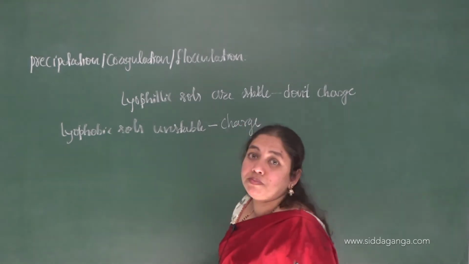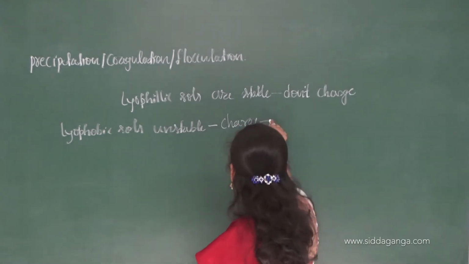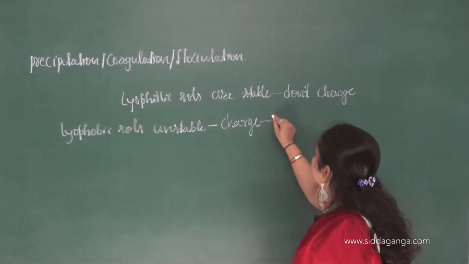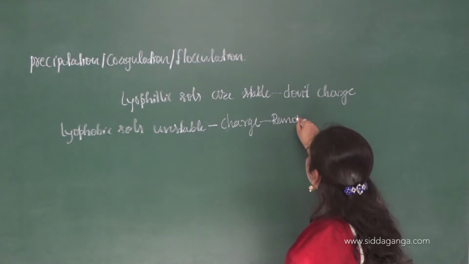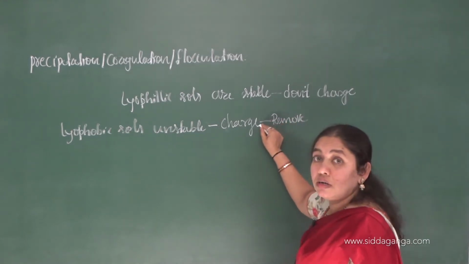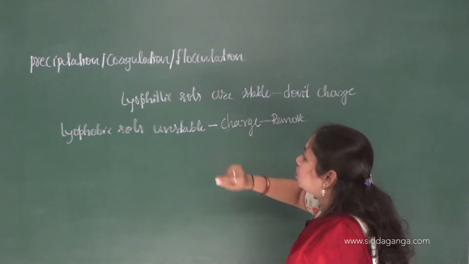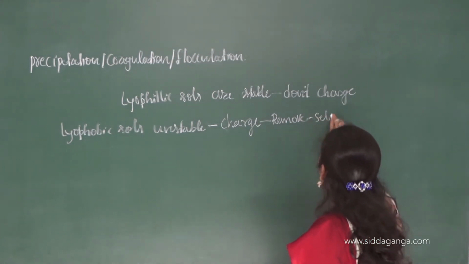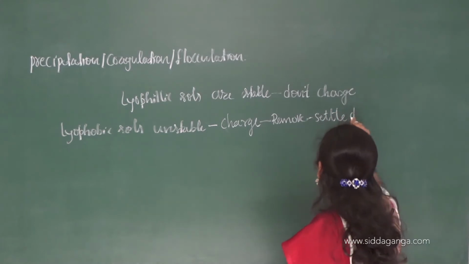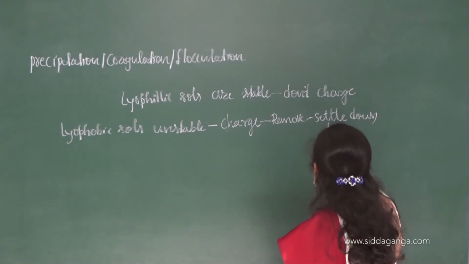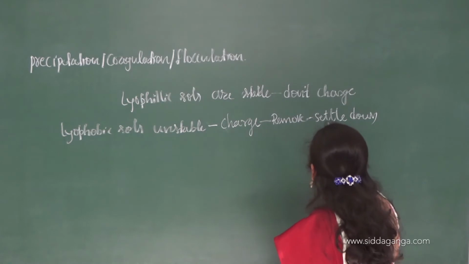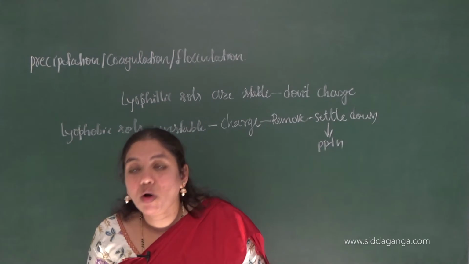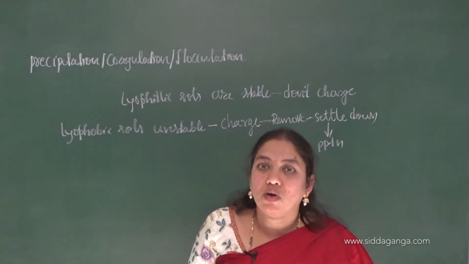The charge. So if you remove the charge of these colloidal particles, we are going to see that the particles settle down. That leads to precipitation of colloids, which is called coagulation or flocculation of colloids.